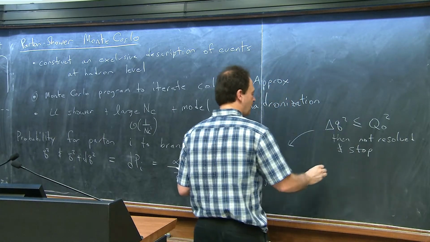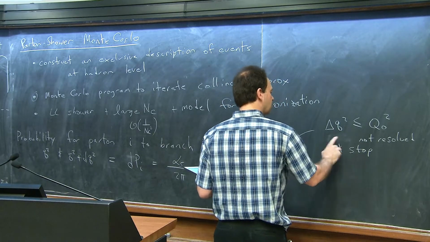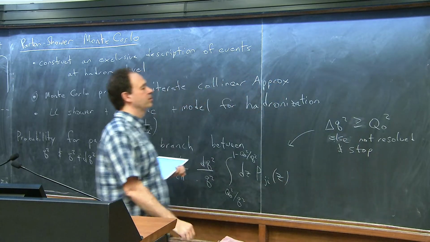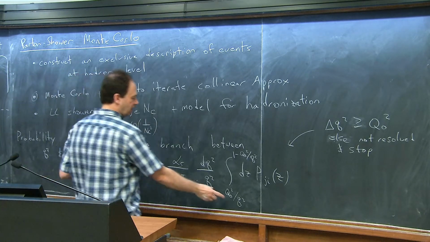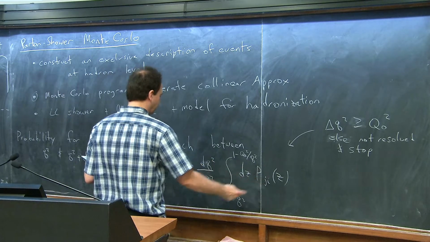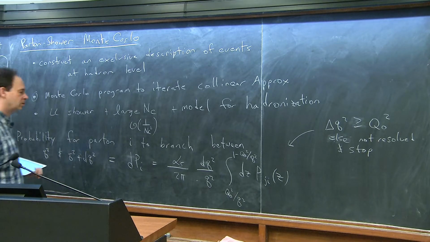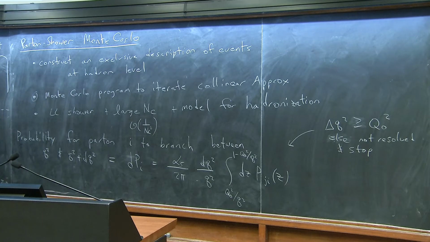And so we're always demanding that delta q squared is greater than or equal to capital Q0 squared. That keeps us away from the edges of our picture and ensures that we never encounter the singularities. And then everything here is just a finite integral that can be done, and this is providing me with a probability that I can use. So this is a finite probability for branching.